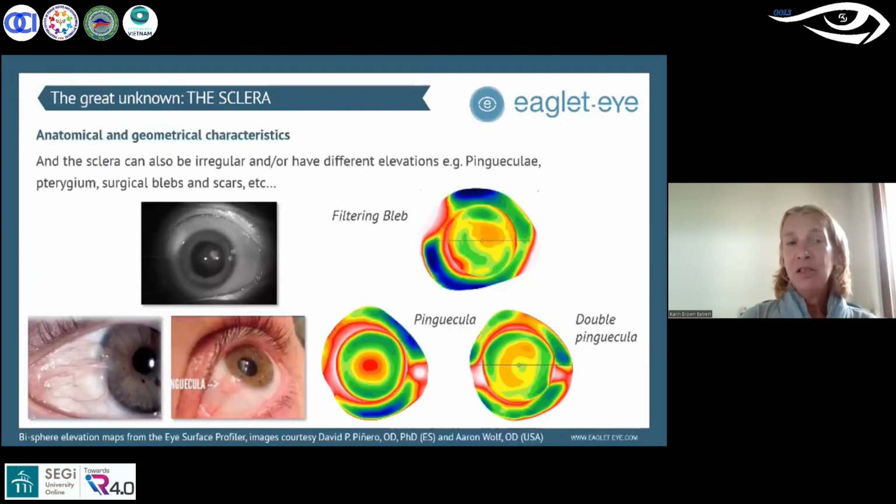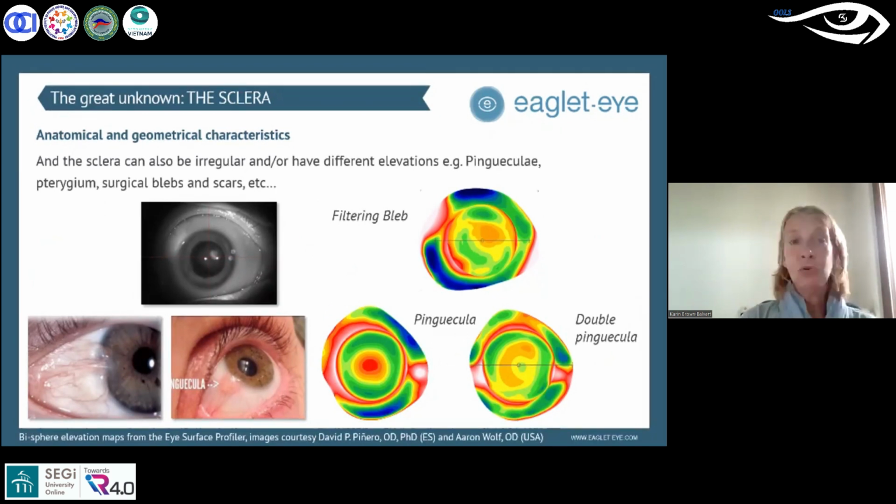And then of course we mentioned it earlier, the anatomical and geometrical characteristics, that's easy for you to say on a Sunday afternoon, evening for some of you. The sclera can also be irregular and have different elevations like pinguecula, pterygium, filtering blebs, and scars. So from that point of view, again, if you're fitting a scleral lens, it's good to know what's going on.